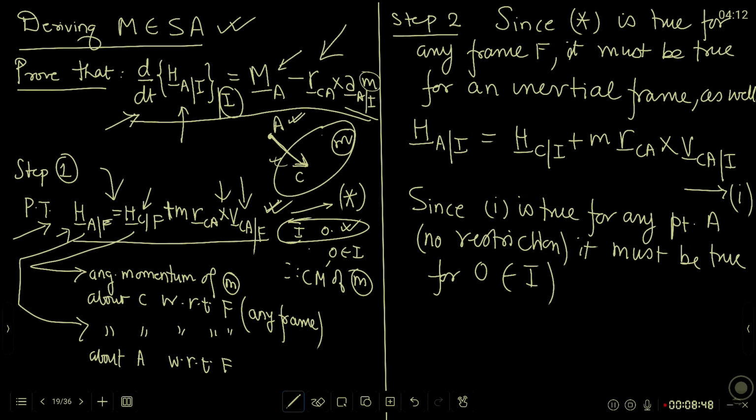Another argument that since 1 is true for any point A, no restriction, it must be true for O as well, and O is this point fixed in I. So I get another equation, let's call it 2.